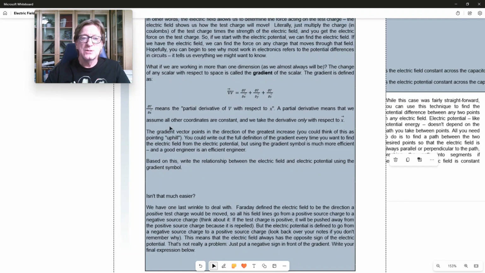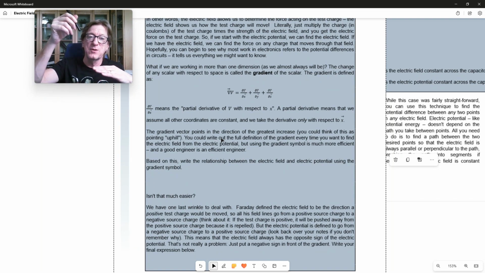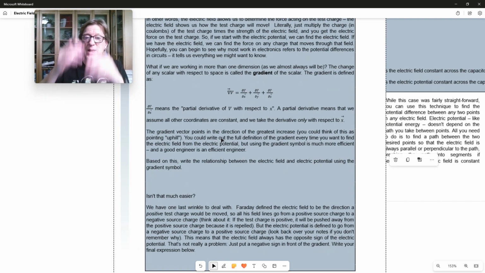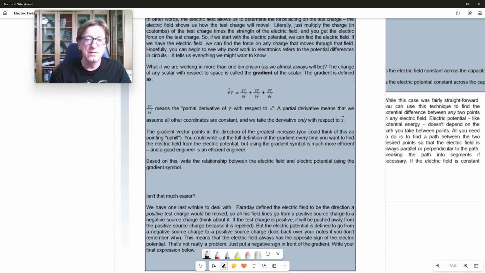Okay. So the gradient points in the direction of the greatest increase. And I make a note here that you can think of that as going uphill. So the gradient vector arrow always points towards the greatest increase. So in the case of gravitational potential energy, obviously if you're increasing, you're going uphill. And if you look at a topo map, you can actually see that and draw that on there. All right, so now if I were going to write the electric field and the potential, that formula that we just got a second ago, I could do that using the gradient symbol rather than just writing partial v partial x.